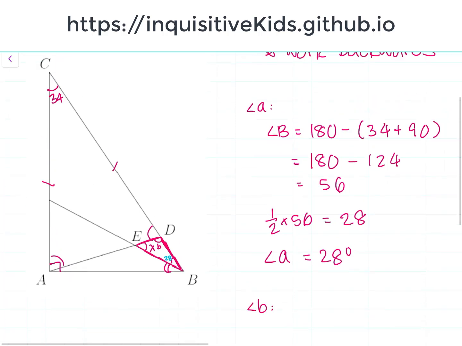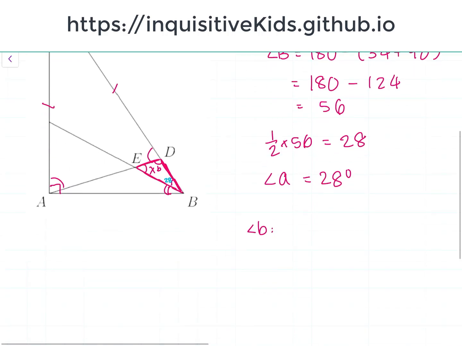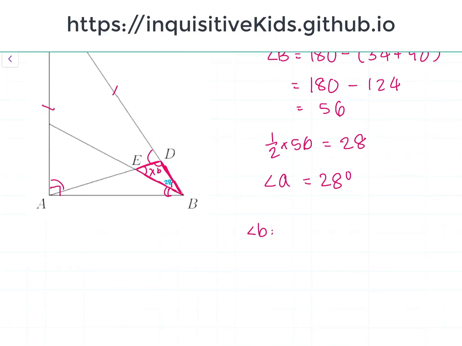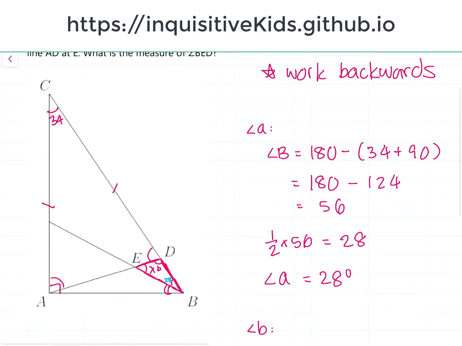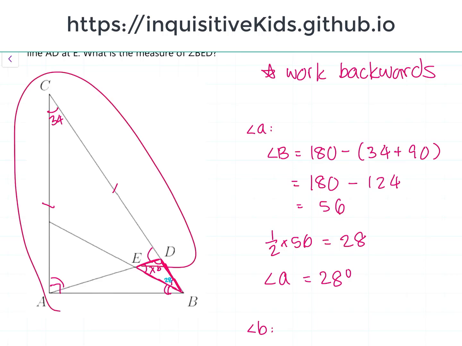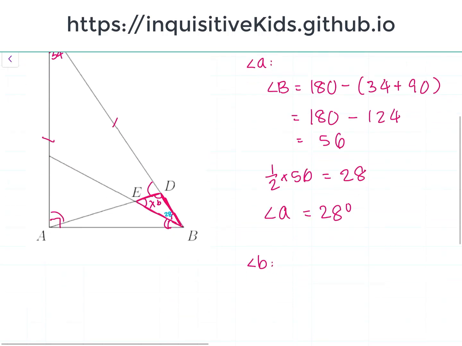Well, we see that this is sitting on a straight side with another angle. And we know this angle as one of the angles of the triangle ACD. We know that angle C is 34 degrees. And we know that these two angles are the same because it is an isosceles triangle. So 34 plus 2y is equal to 180 degrees.